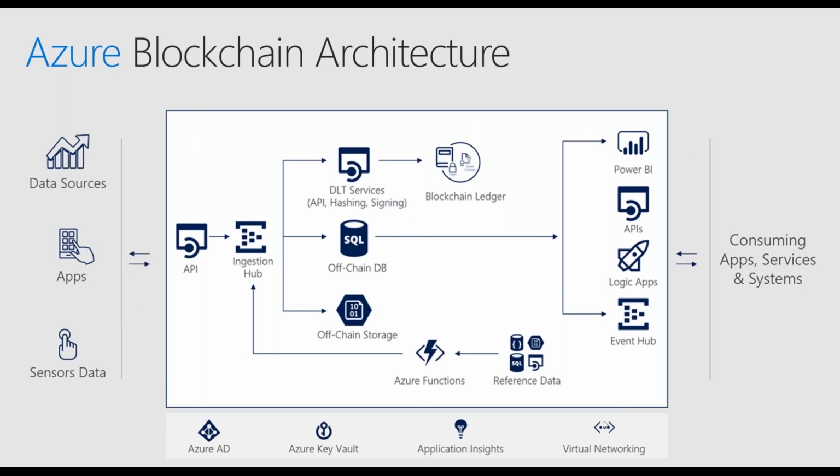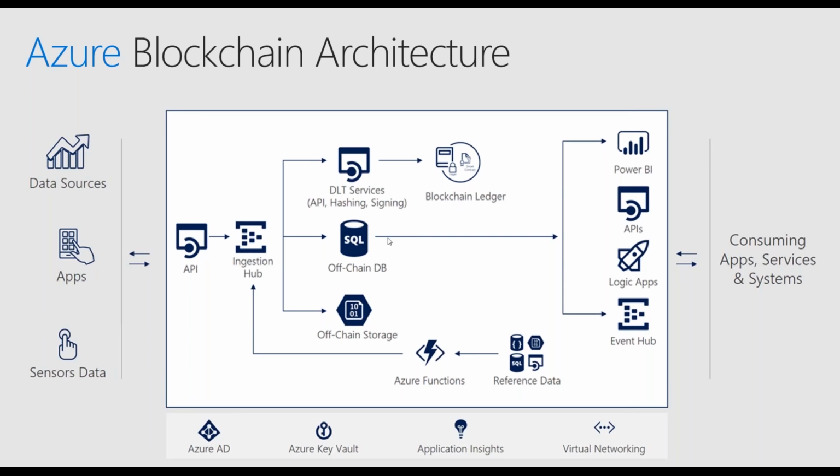And if you like diagrams, the architecture of a managed blockchain in Azure basically contemplates different services where the blockchain ledger here in the middle is only one of the many systems that are part of this overall architecture.